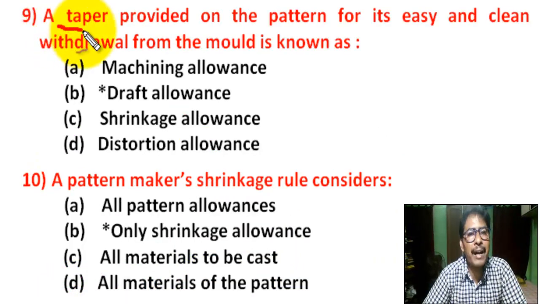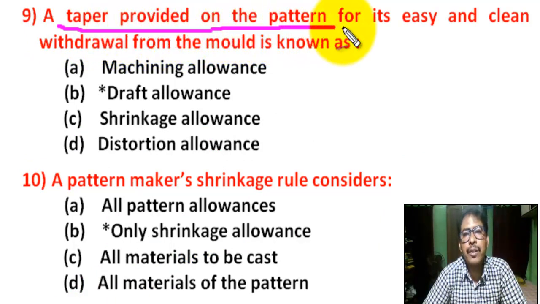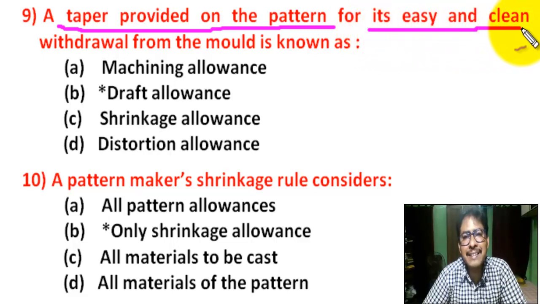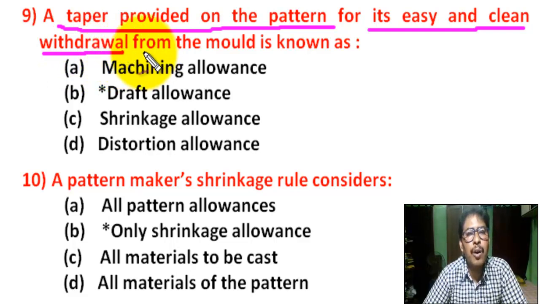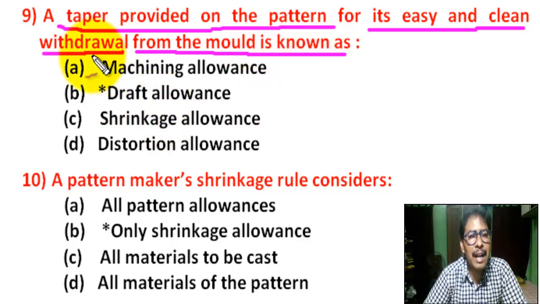Question number 9. A taper provided on the pattern for its easy and clean withdrawal from the mold is known as, there are 4 options. Correct answer is B, draft allowance.